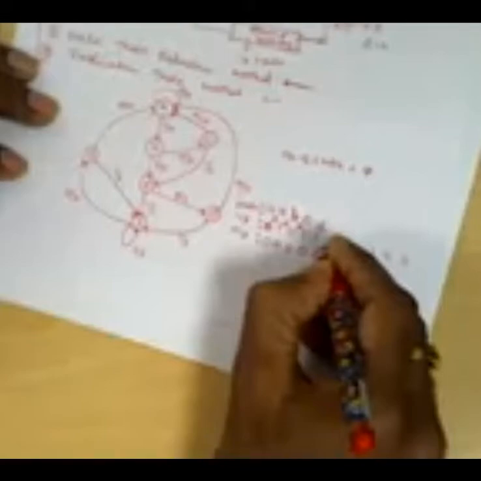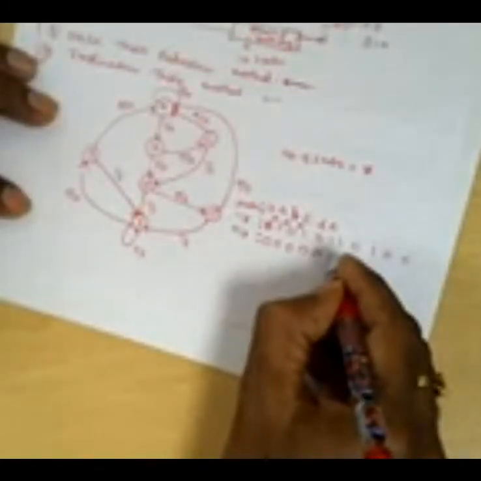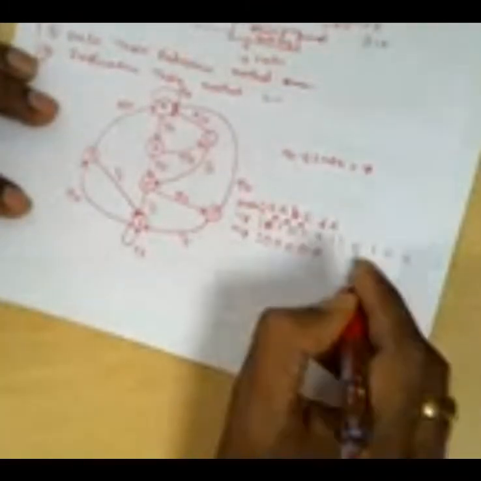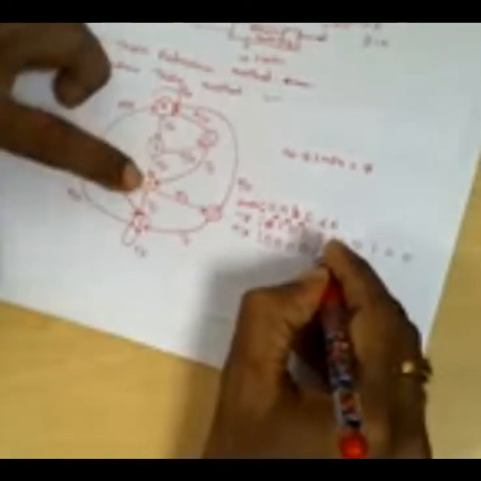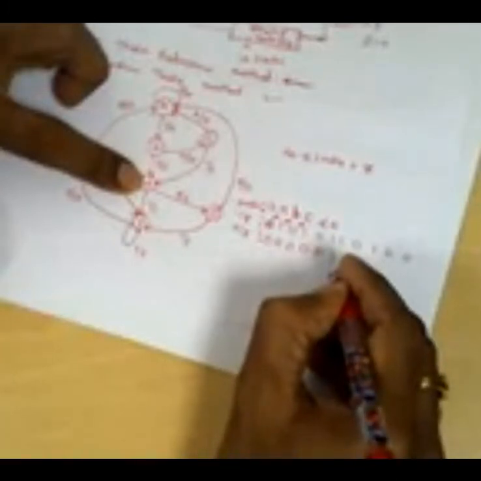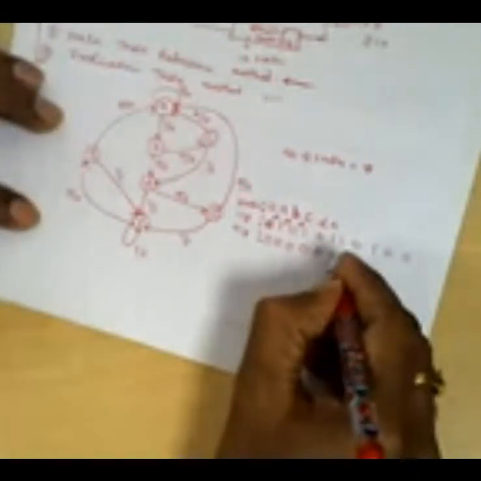E output 0. D, when 0 is coming, okay, tell me what is the output you said? 0.